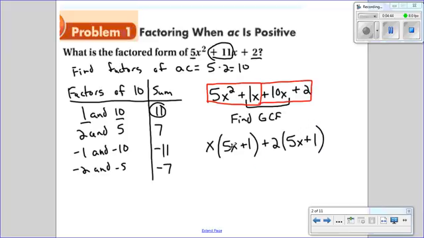And what happens is these two binomials are the same. And now we rewrite this as 5x plus 1 times whatever's on the outside here, x plus 2. And that is 5x squared plus 11x plus 2 factored.